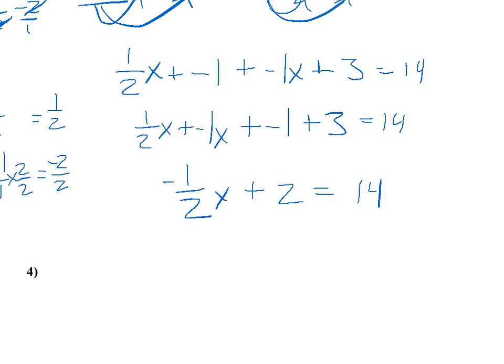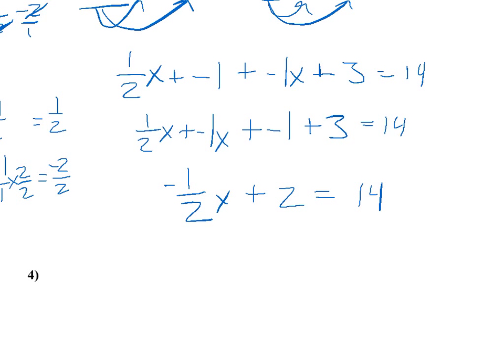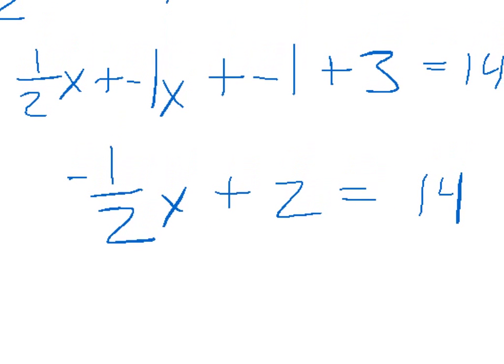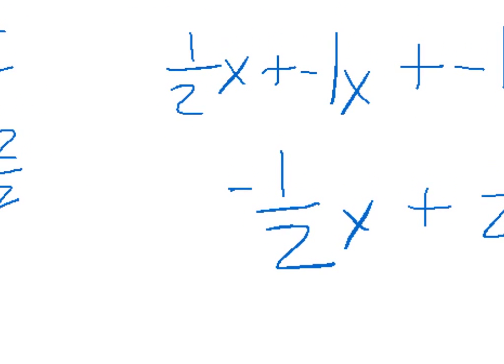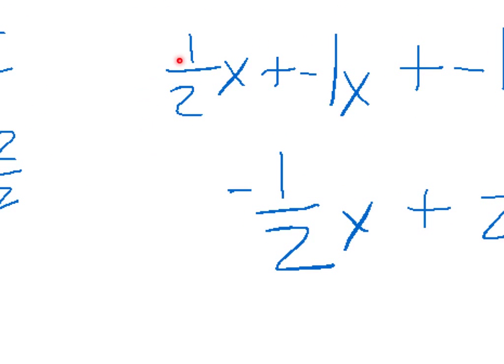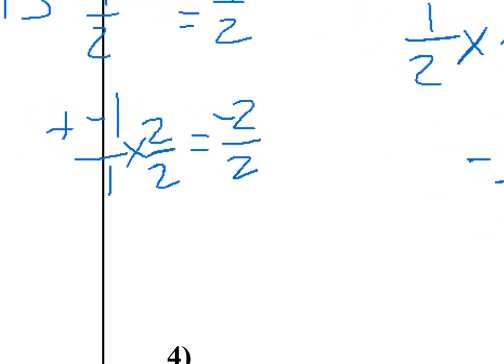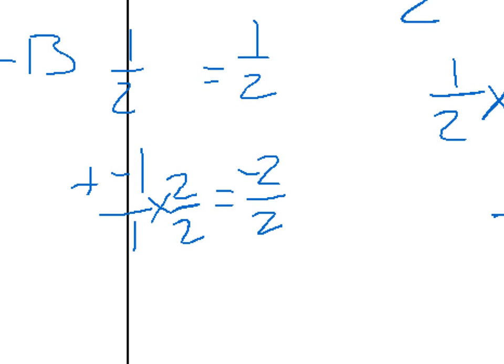Yep, absolutely. So we're looking over here. We had it to this point where we had commuted our like terms next to each other. So now we just needed to combine like terms. This one over here was the easy one. We had -1 plus 3, which was 2. And over here we had the complicated one where we needed to add 1/2 and -1. So I did that work over here to the side. I turned -1 into a fraction, -1 over 1.